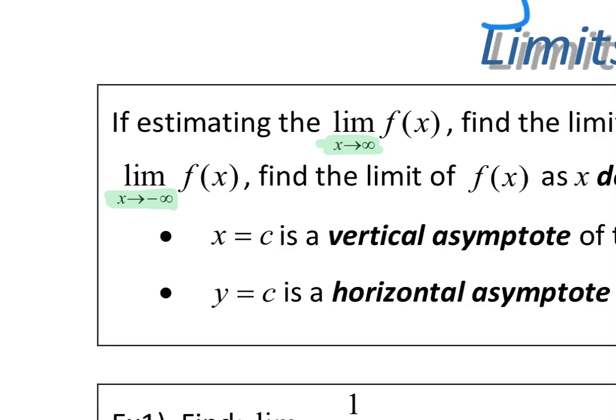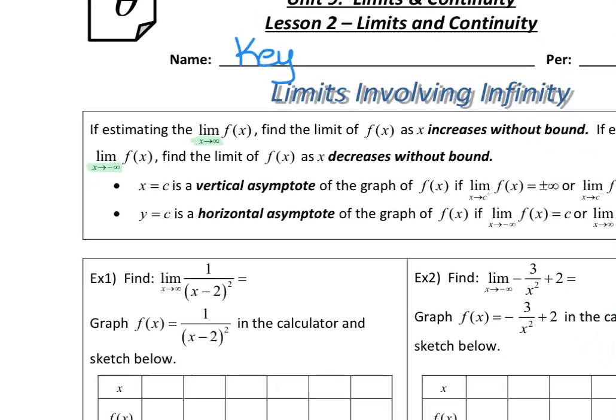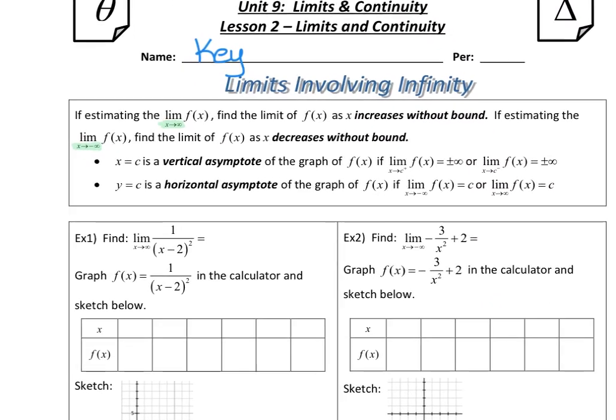That's the vocabulary that we used in Algebra 2. So when you're taking the x value to positive or negative infinity, you're basically looking at the end behavior of the function. And your answer is going to either be up or down, positive infinity or negative infinity, or a horizontal asymptote, which would be a number.